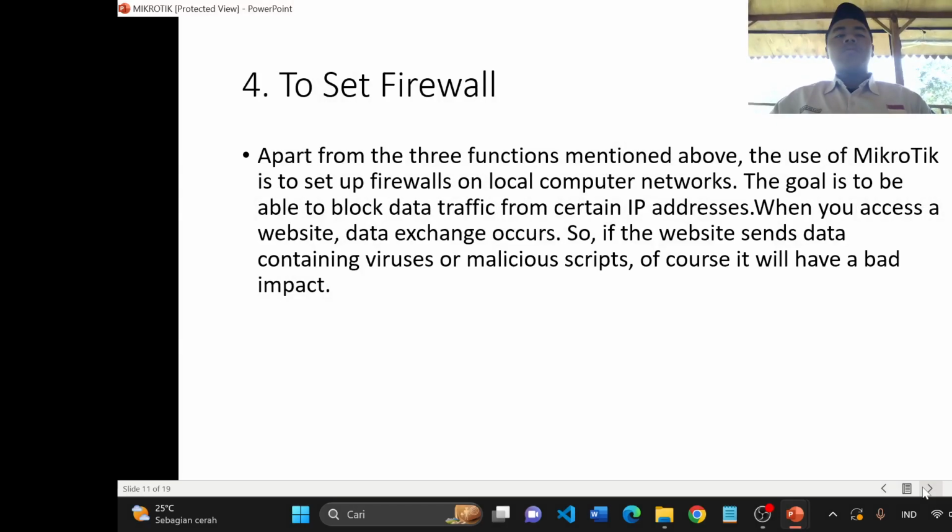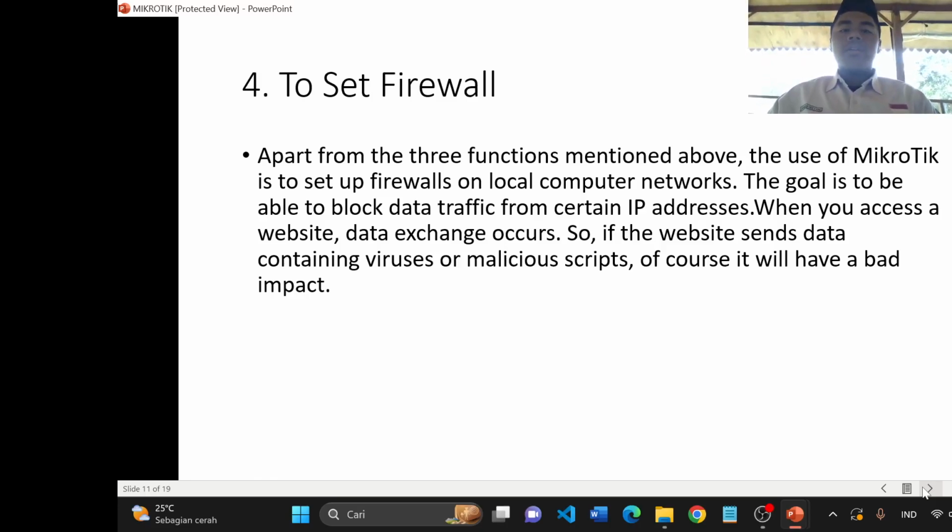4. To set up a firewall. Apart from the functions mentioned above, Mikrotik is used to set up firewalls on local computer networks. The goal is to be able to block data traffic from certain IP addresses.